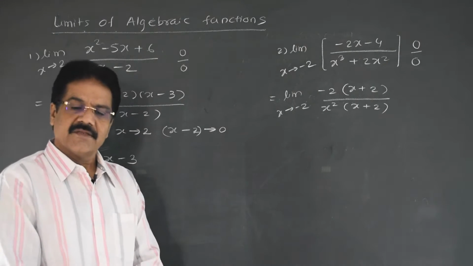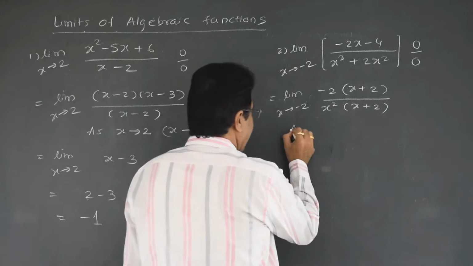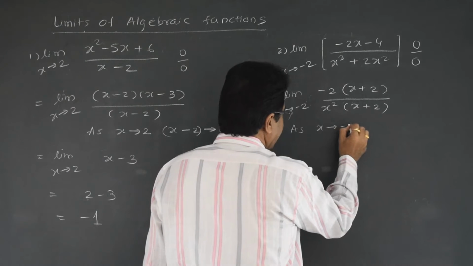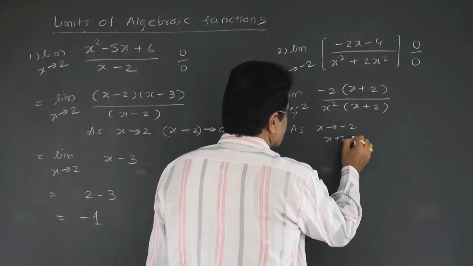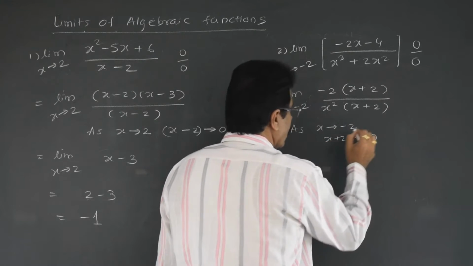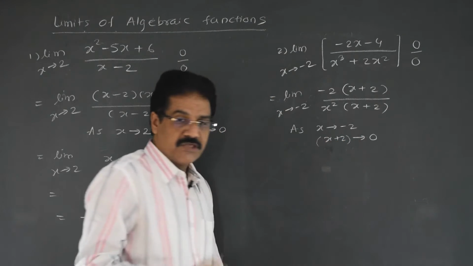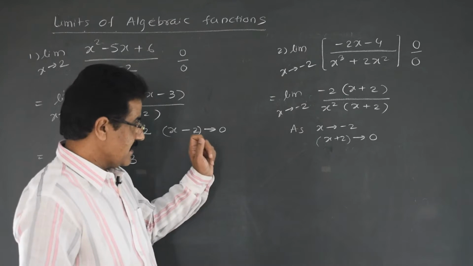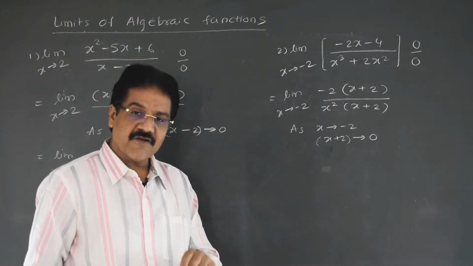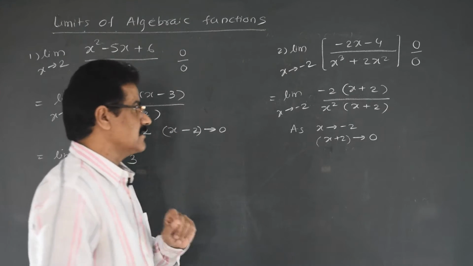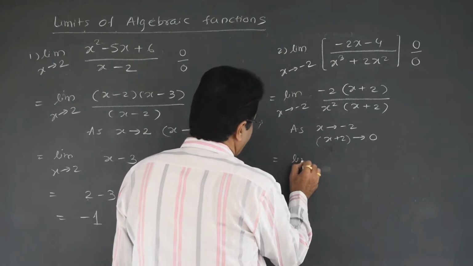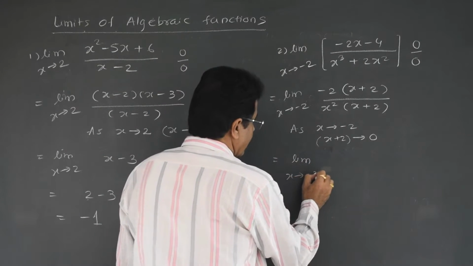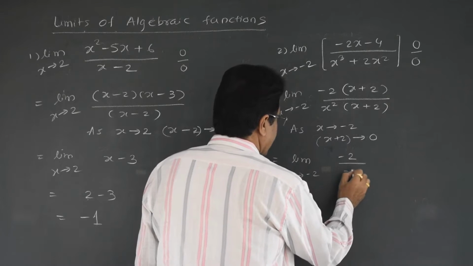Again we have to use the same concept: as the value of x tends to minus 2, x plus 2 is tending to 0, it is not equal to 0. So x plus 2 is a non-zero term as x tends to minus 2, and therefore we can cancel that x plus 2, and therefore we can write the limit as x tends to minus 2 of minus 2 upon x square.